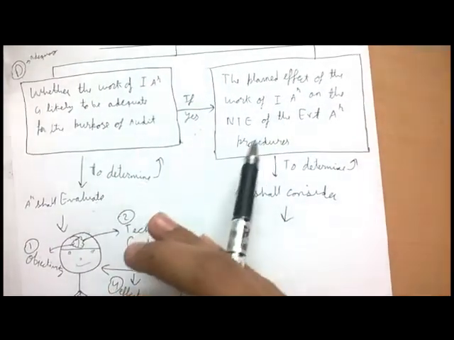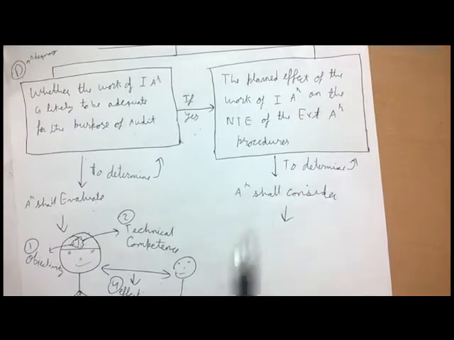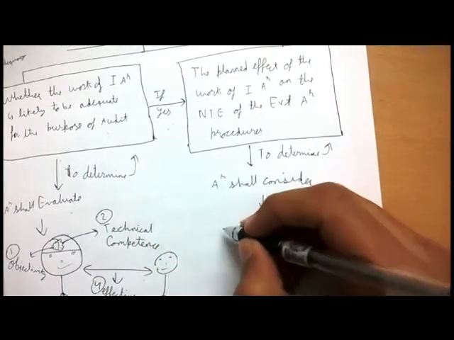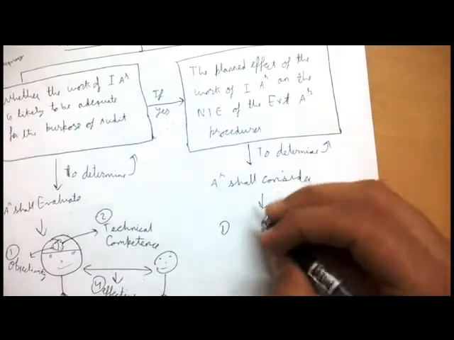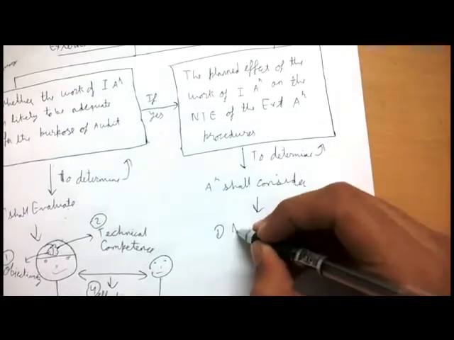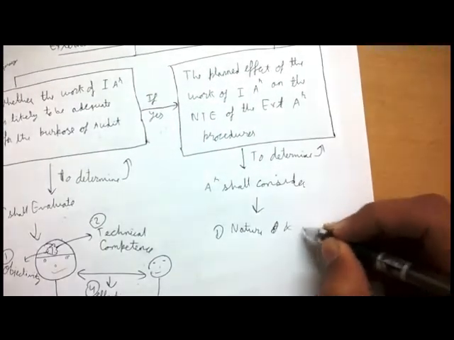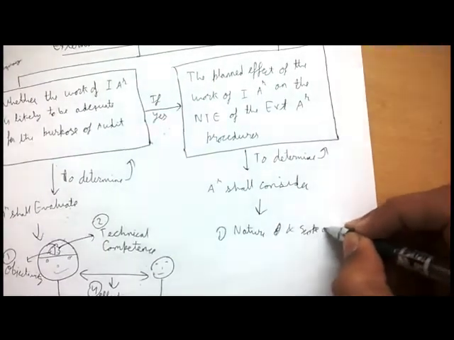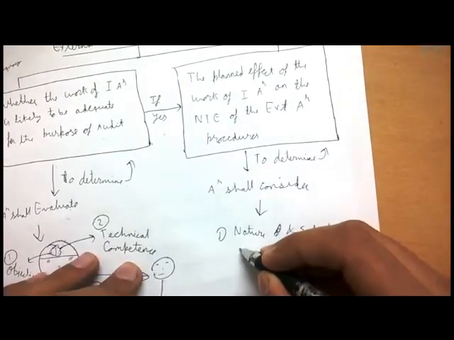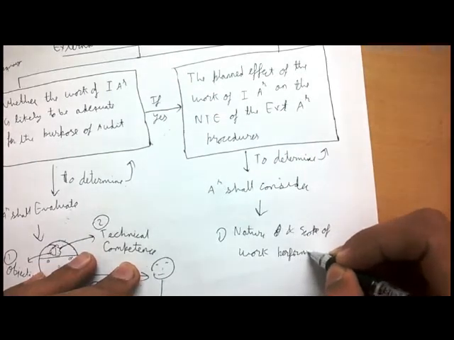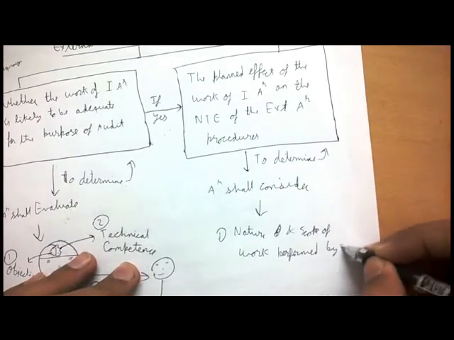Now, how to determine the effect? The auditor has to consider three things in this. The first thing is he shall consider the nature and scope of the work performed by the internal auditor.